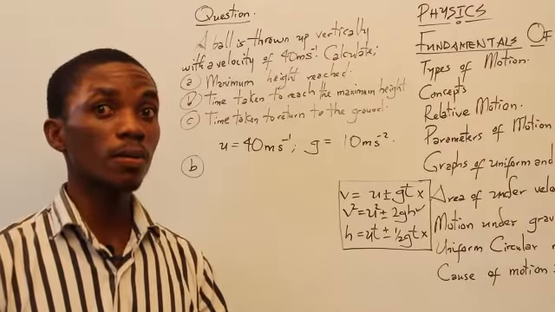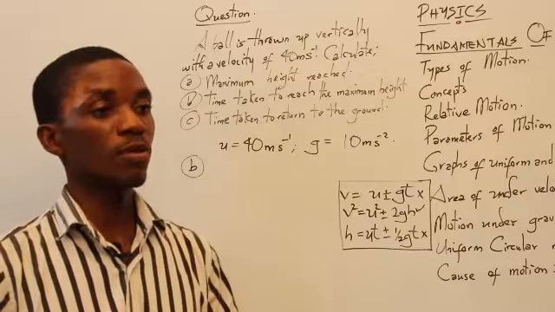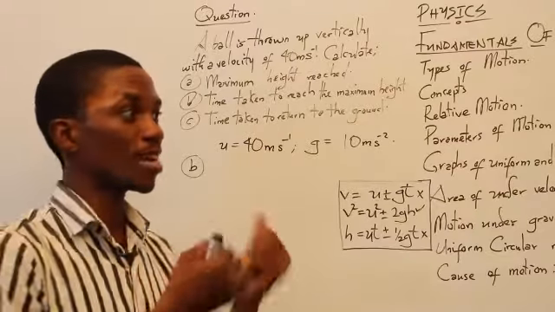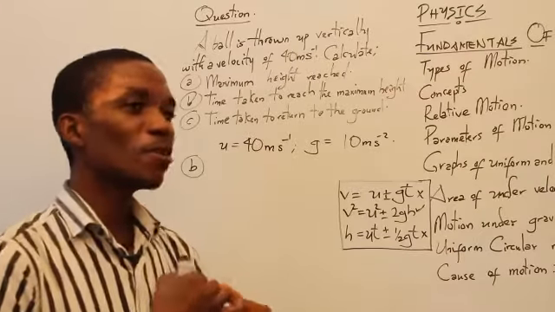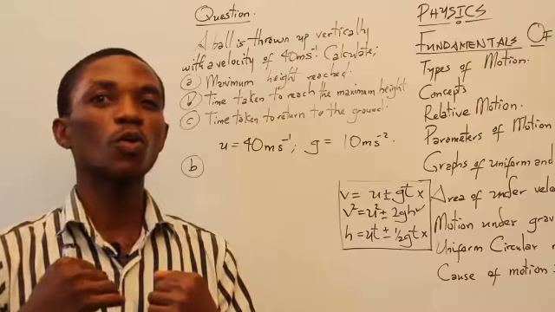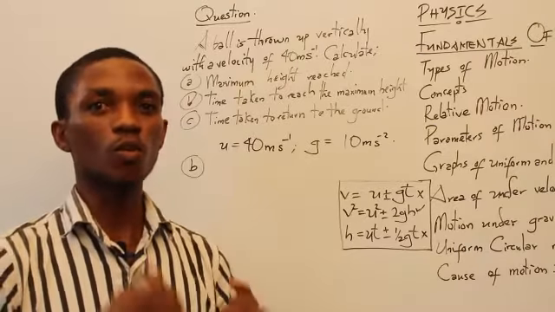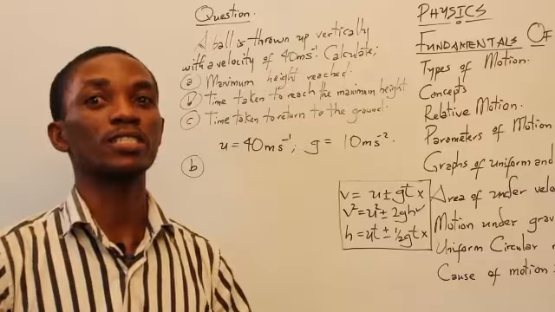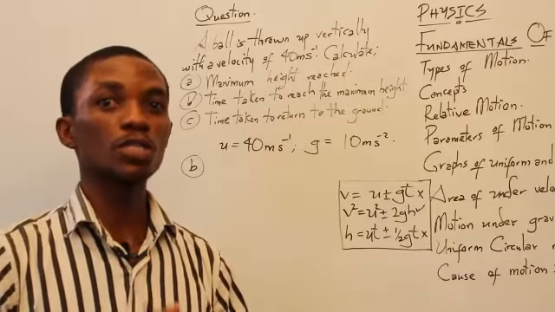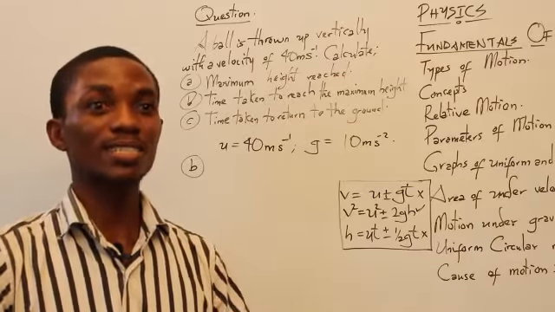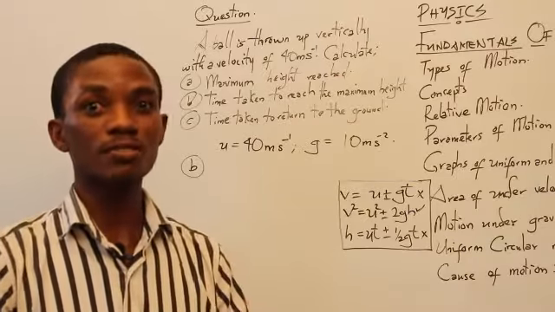Well, there are two ways we can go about it. You can choose a formula that already has an h since we have calculated our h, but I always like to not work with answers I calculated. I always like to work with what I have already. So I'll choose to work with another formula which has something that has already been given to us.